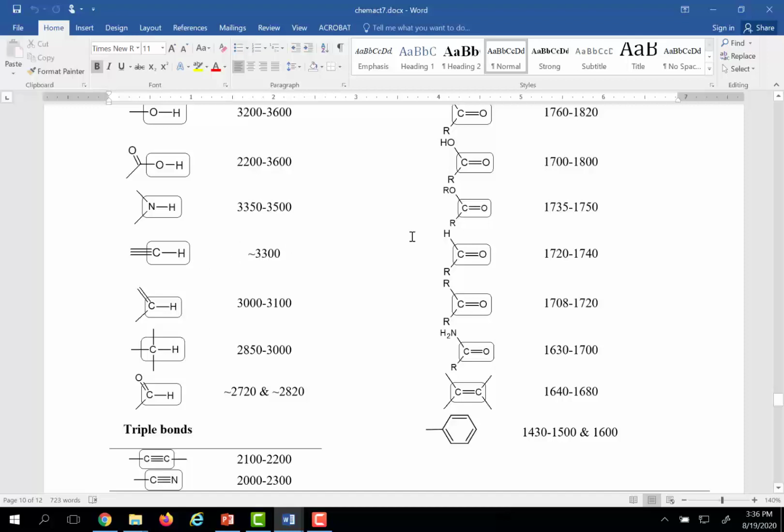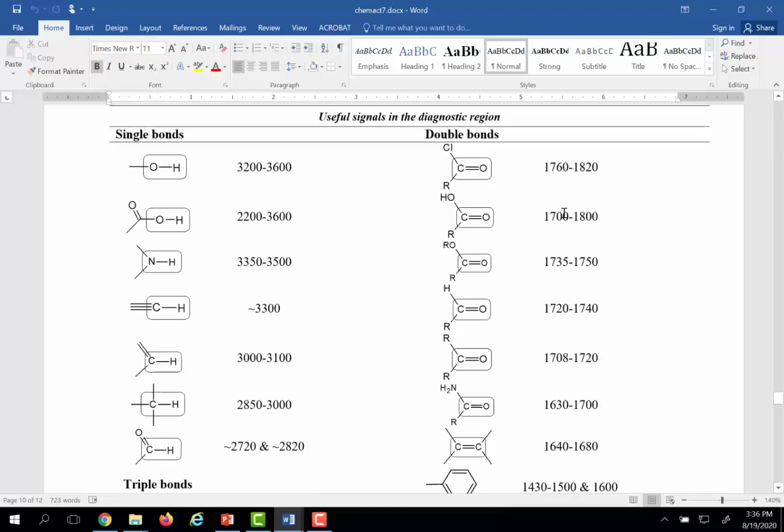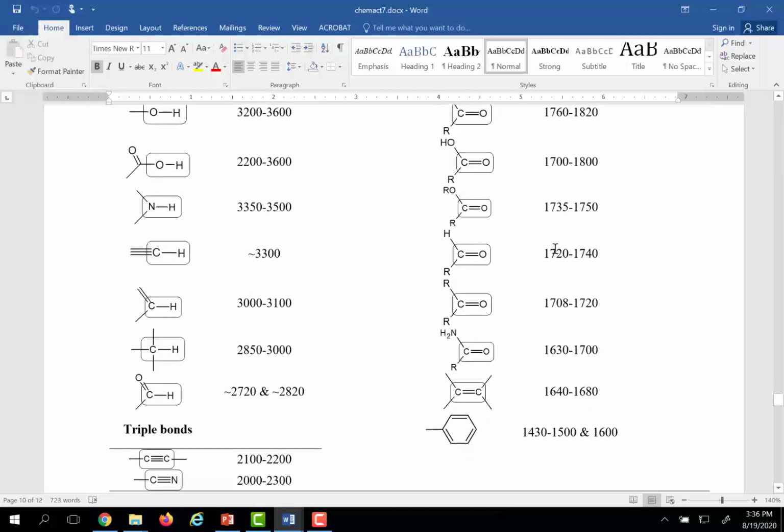What we're going to do in the next example is look at a situation where we have, for instance, a ketone. Now notice all of these carbonyl groups, which of course ketone has. These signals are all occurring around 1700 to 1800. So that's a very common region to find the signal that corresponds to the C double bond oxygen stretch.